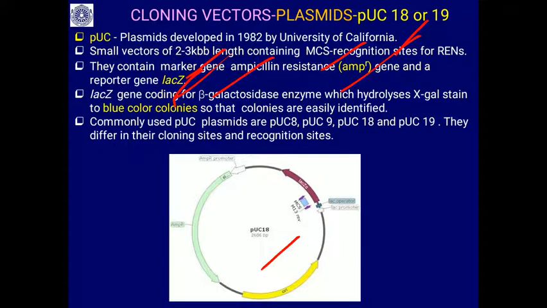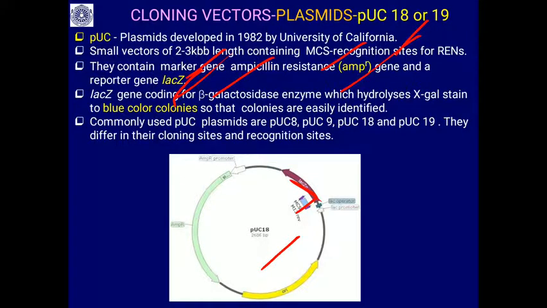You know the lac operon; lacZ codes for beta galactosidase. That part of the operon, the promoter and lacZ gene, is taken and inserted here in this engineered plasmid. So this is lacZ, a reporter gene.